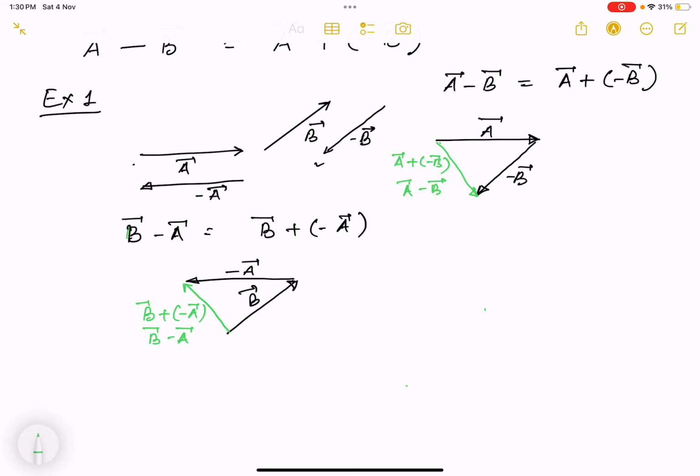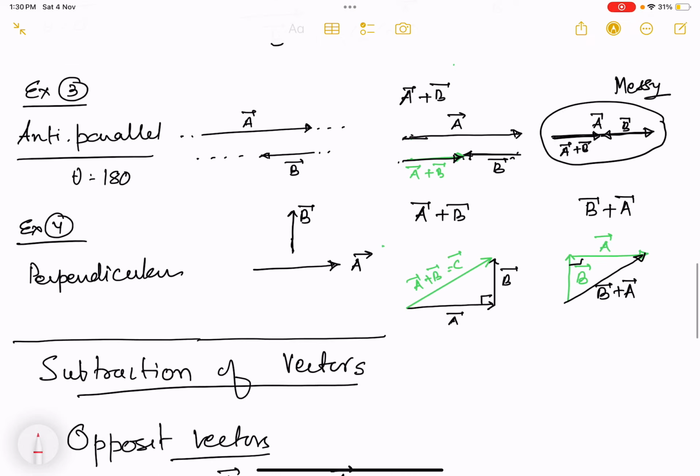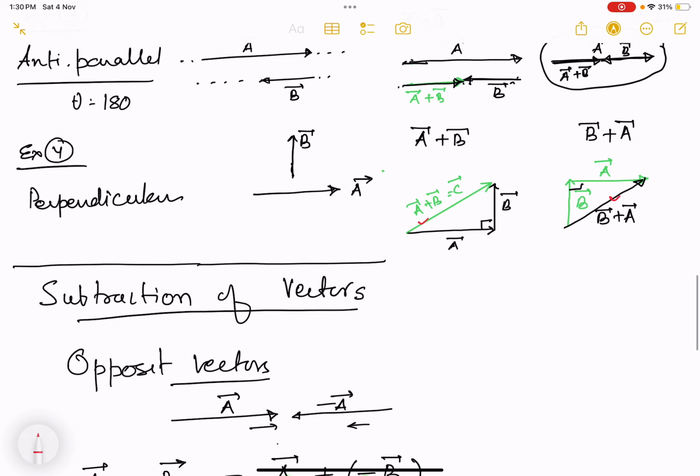You can clearly see from the two drawings. Here A minus B is pointing this way. Here B minus A is pointing this way. So you can easily see that A minus B is not equal to B minus A. They are not equal vectors. Just like in the earlier case, A plus B and B plus A were identical.